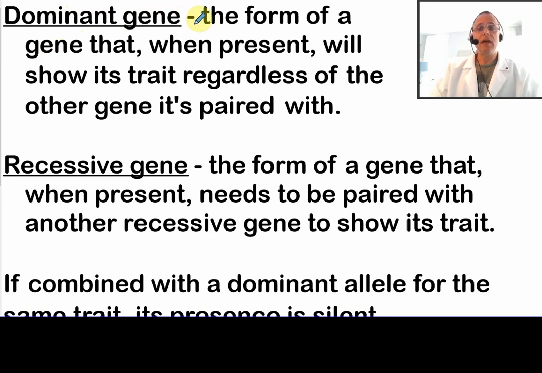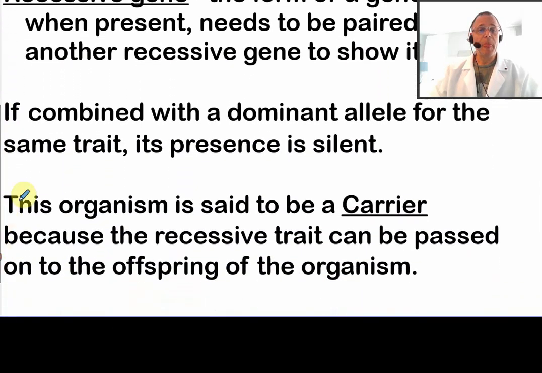Dominant gene, the form of a gene that, when present, will show its trait regardless of the other gene it is paired with. Recessive gene, the form of a gene that, when present, needs to be paired with another recessive gene to show its trait. So, if combined with a dominant allele for the same trait, its presence is silent.